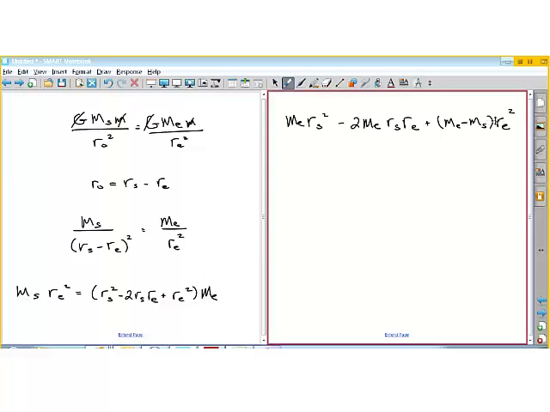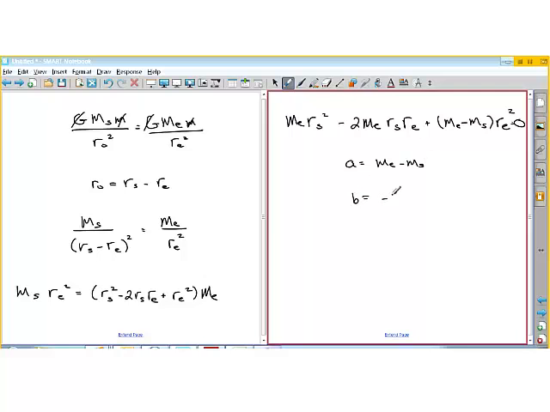So you see we have a quadratic equation. This is the unknown, and this all equals 0. So we could just put it into the quadratic equation where a is the coefficient here, which is m sub e minus m sub s. Is that right? Yes.